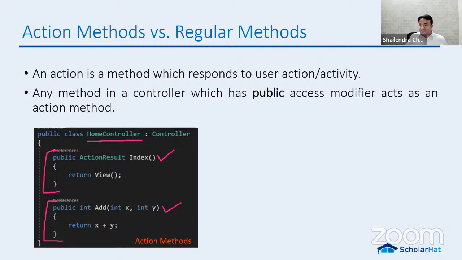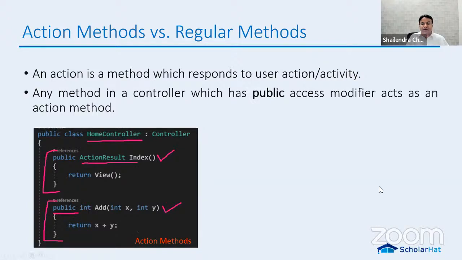In MVC, all the methods which have the public access modifier will be action methods. This has the public access modifier, and this also has the public access modifier, so both are action methods here, because I can call them through the URL.